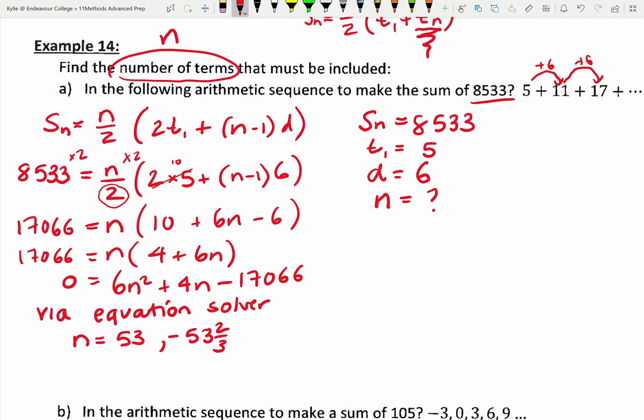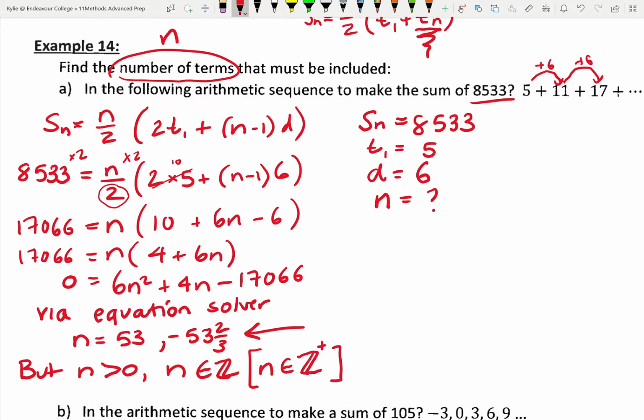You must write down both possible solutions. Then we state our condition. N has to be greater than 0, and n has to be an element of the integer set. Another way of writing that, by the way, is n has to be an element of the positive integer set. So that encapsulates both of these two things.